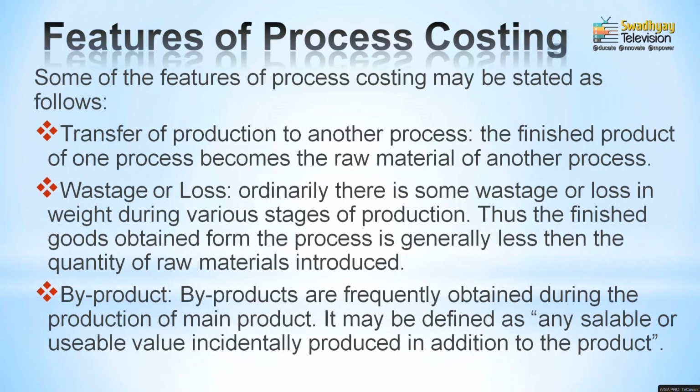It means the byproduct is the product which is manufactured or produced along with the major product or main product. It may be defined as any sellable or usable value incidentally produced in addition to the product. It is called a byproduct.